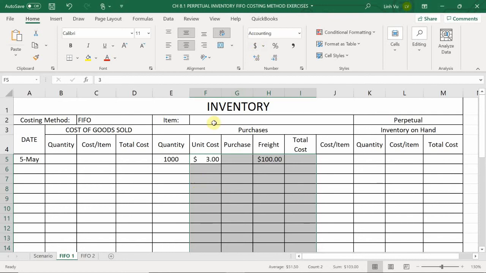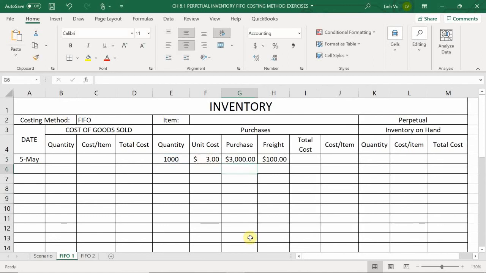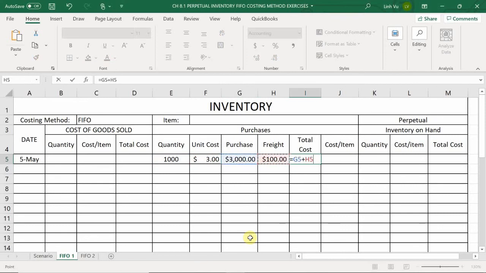Okay? So in this case, what is going to be my total purchase price? $3,000, right? I'm going to take my quantity times my unit cost, which gives me $3,000. Plus my freight of $100 gives me a total cost of $3,100.